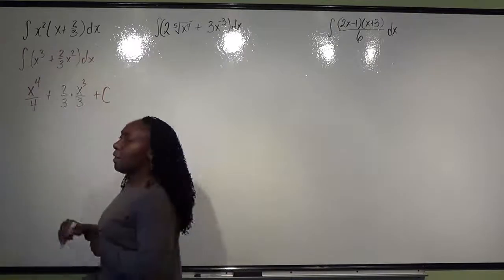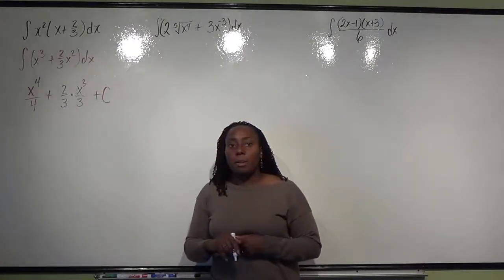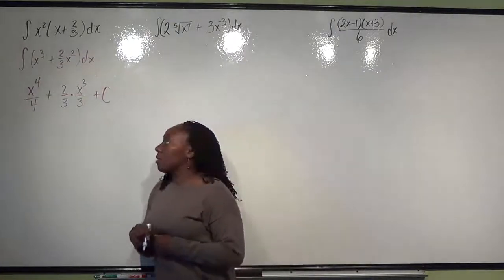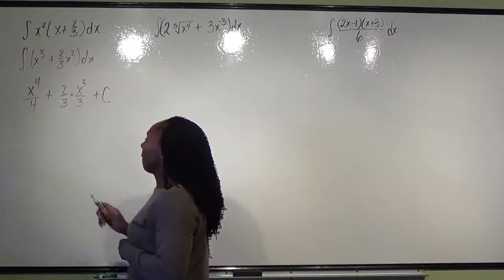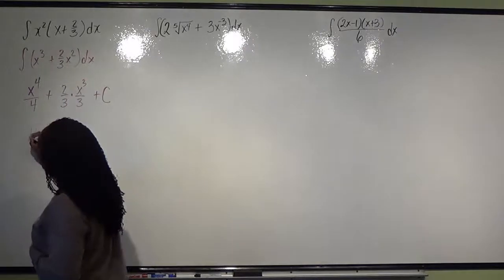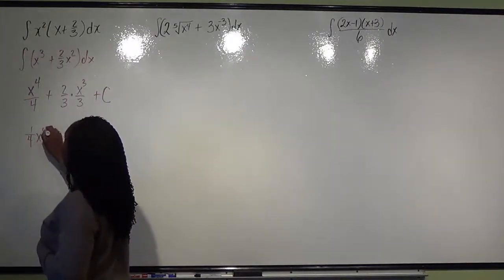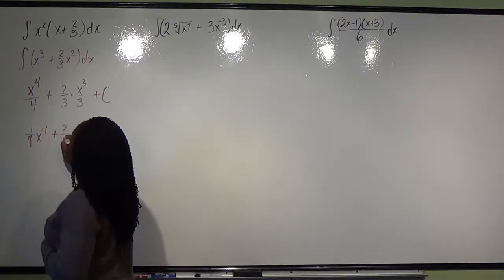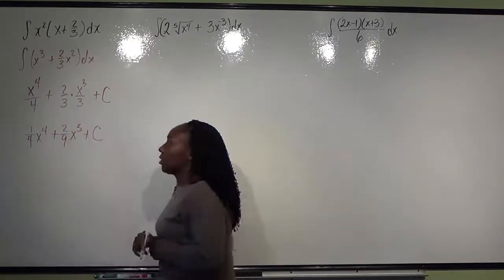Again, once I've taken my antiderivative, I'll get rid of the integral sign and add my constant of integration. Cleaning this up, it looks like 1/4 x to the 4th plus 2/9 x cubed plus my constant of integration.